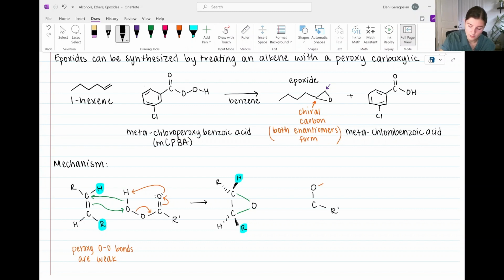So that's no longer where that carbonyl exists. We have the carbon to oxygen bond down here, and now this is where that double bond is. We have our electrons.